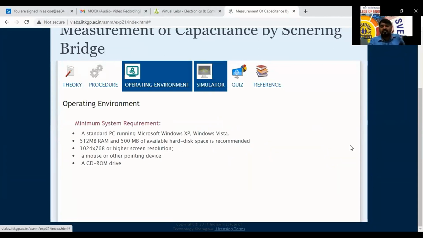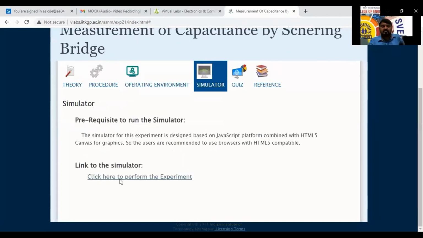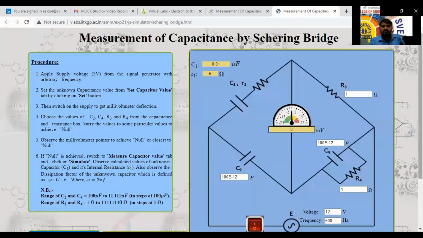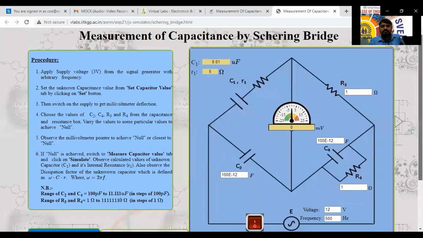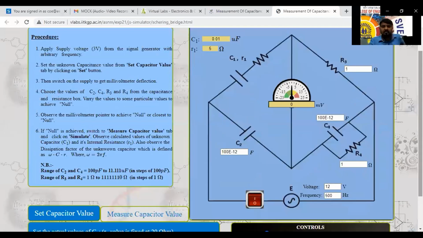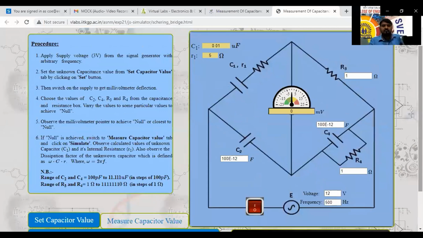I'll click on the simulator here now, and here is the diagram. All of you can see the diagram? The diagram is visible. Yes. So this is the R1 value. This is the C1 value.